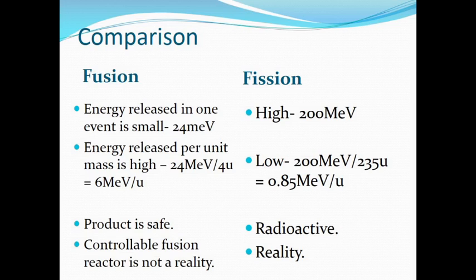So a controllable fission reaction is a reality which we are using in a nuclear reactor. But a controllable fusion reactor is not a reality, since we need high temperature, pressure as well as high density for fusion to occur. So these are the four important points regarding fission as well as fusion reaction.